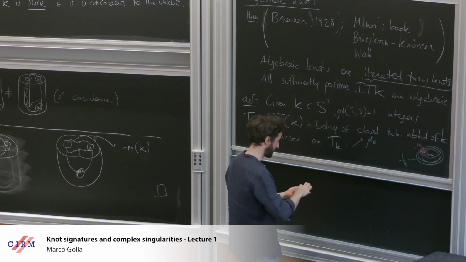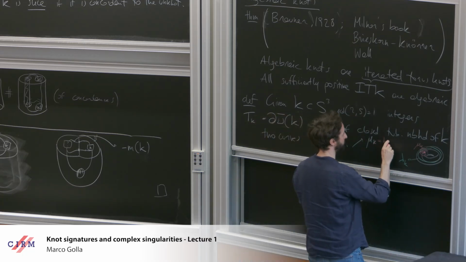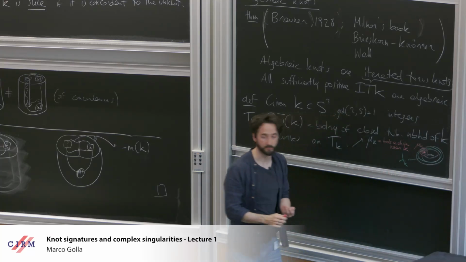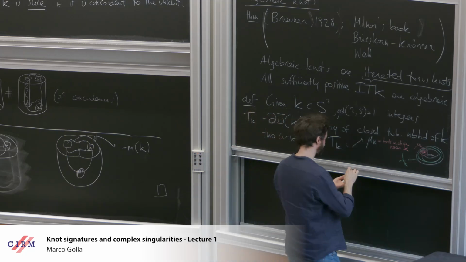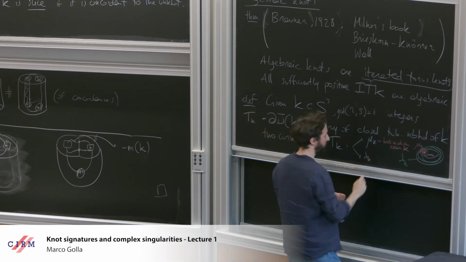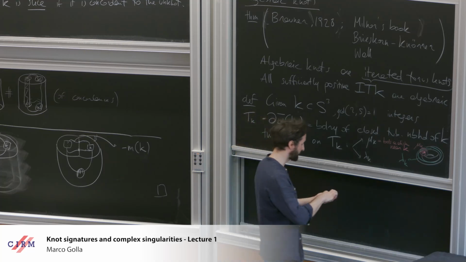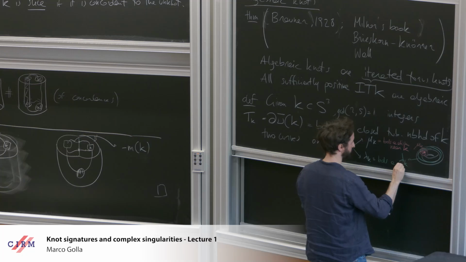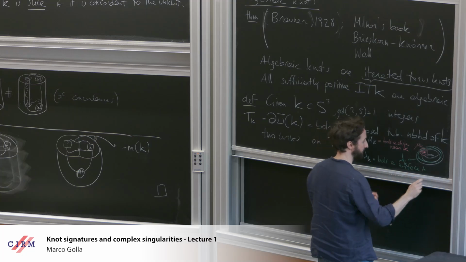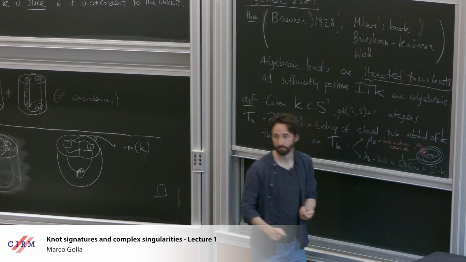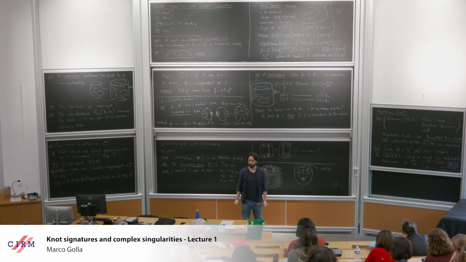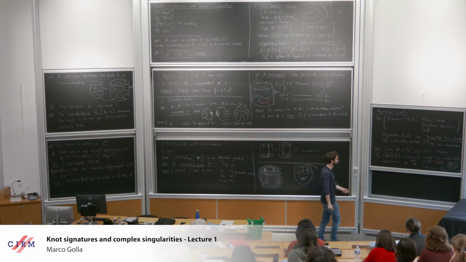Lambda of K. So mu of K bounds a disk near K, or transverse to K. And lambda of K, we cannot ask for it to bound a disk, but we want that it bounds a surface in the complement of K. And there is exactly one such curve up to isotopy. I'm not going to prove it, but maybe I'll drop it on Livio to do that, just because he doesn't have enough stuff to do already.